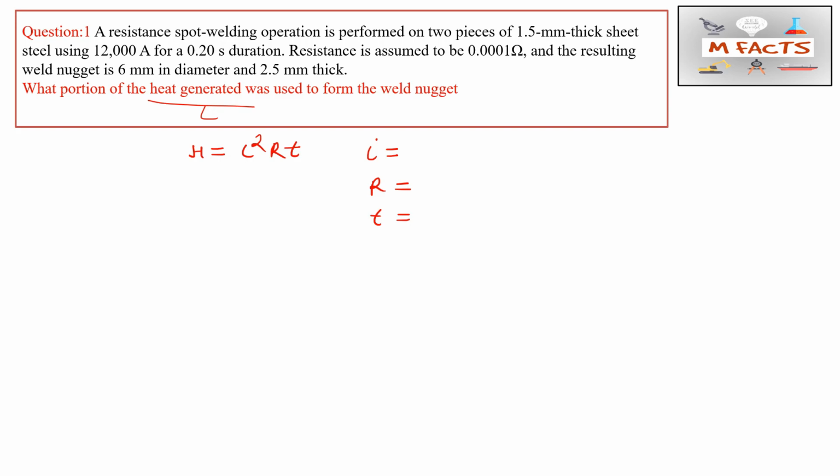I value is 12,000 ampere, and 0.20 seconds duration is the time, in seconds. And resistance is assumed to be 0.0001 ohm, so I am writing resistance here. These are the values we need for the calculation of heat generated.